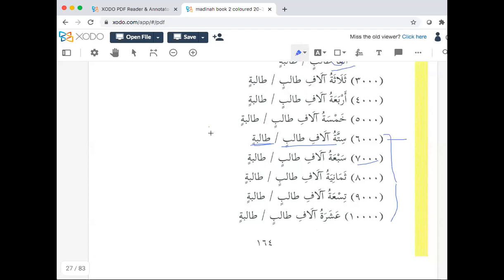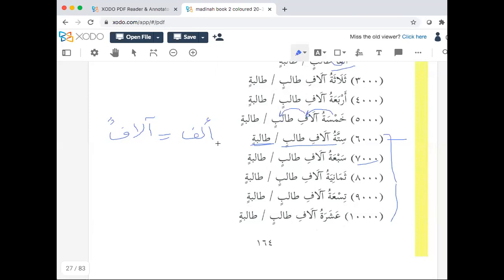You'll see that the word we had before was alfun, and the jam' of the word alf is آلاف, alafun. This is the jam'. Okay. تفضل. From 3,000, is it this mu'annath? Which one? With the combination? So this is خمسة آلاف طالب. خمسة is مضاف. آلاف is مضاف إليه. آلاف is also مضاف, and طالب is مضاف إليه.